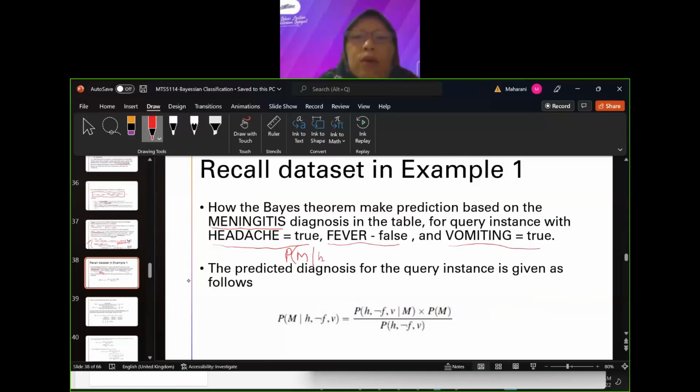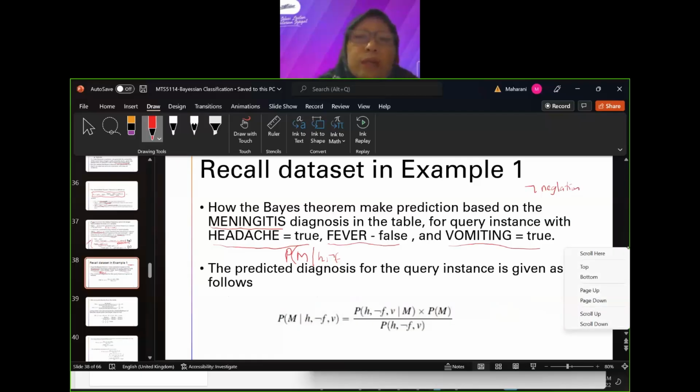It says no fever, fever is false, so you can write it like this, with the negation of F. In set theory this term is called negation, it means none.